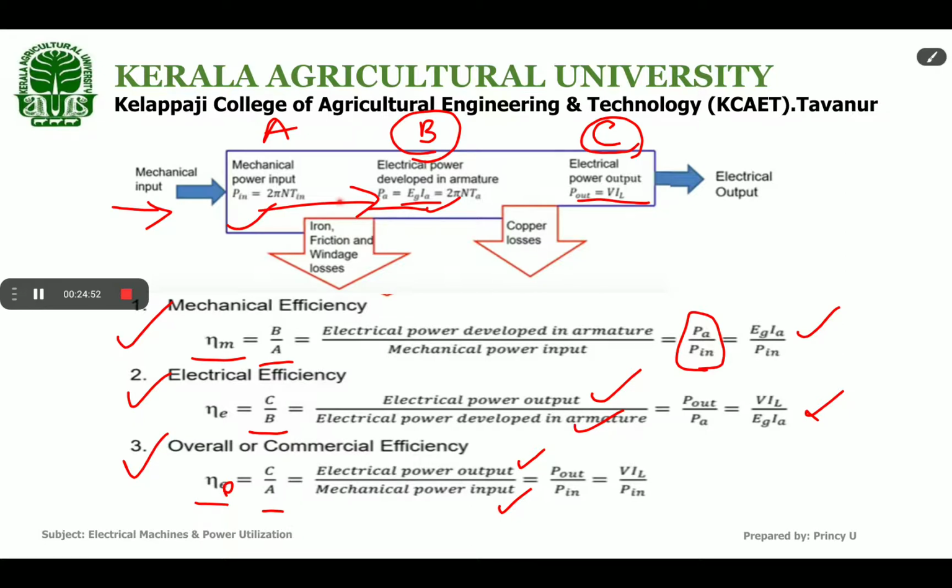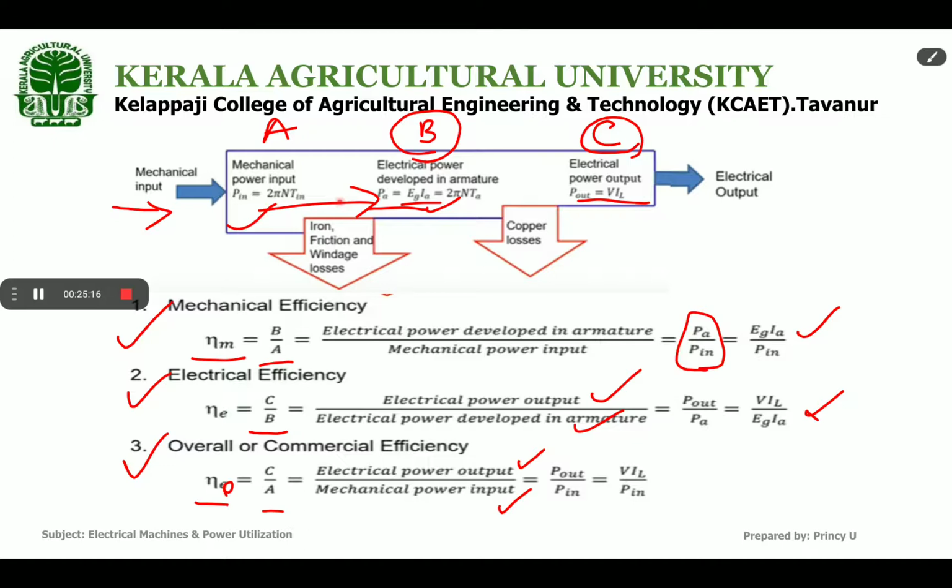If it is not specified to find the mechanical efficiency or electrical efficiency, generally we calculate the efficiency of a DC machine as overall efficiency. That is, electrical output divided by mechanical power input is how we calculate the efficiency of a machine. Overall efficiency is what we generally calculate.